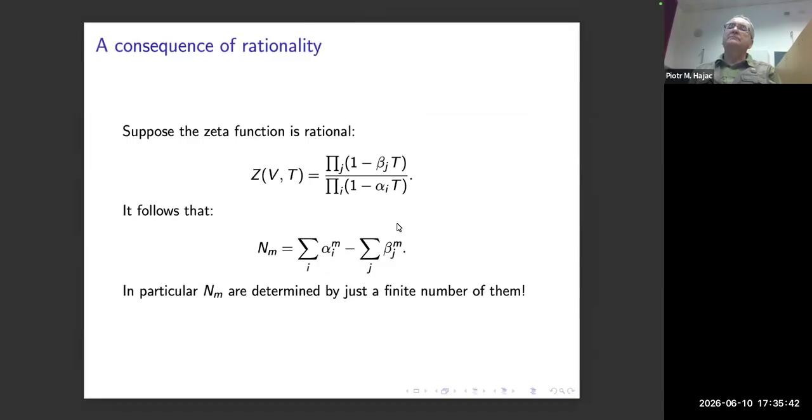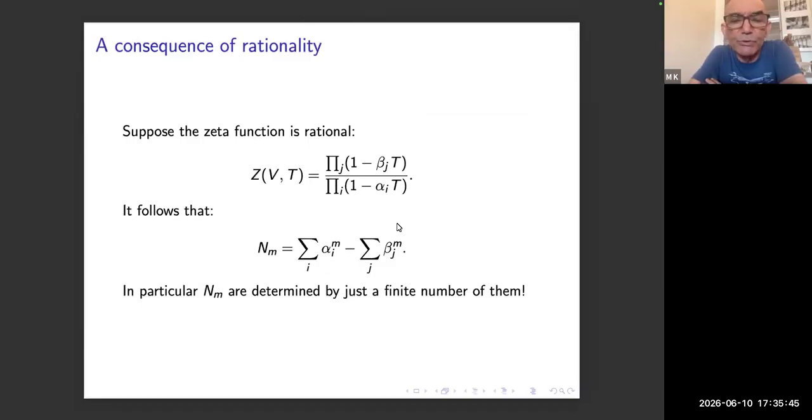So now, if this rationality statement is true, you can write this zeta function in this form. You decompose into its roots, the numerator and denominator like that. And then immediately from this expression, it follows that N_m is of the form sum of alpha_i to the m minus sum of beta_j to the m, where alpha_i, beta_j are essentially inverse roots of the numerator and denominator. And then it shows that these numbers are completely determined by just the first few of them.